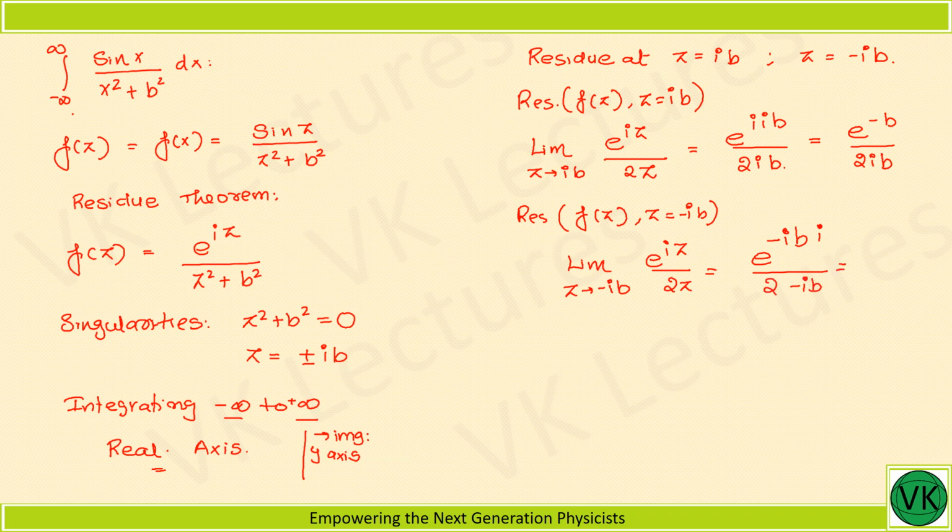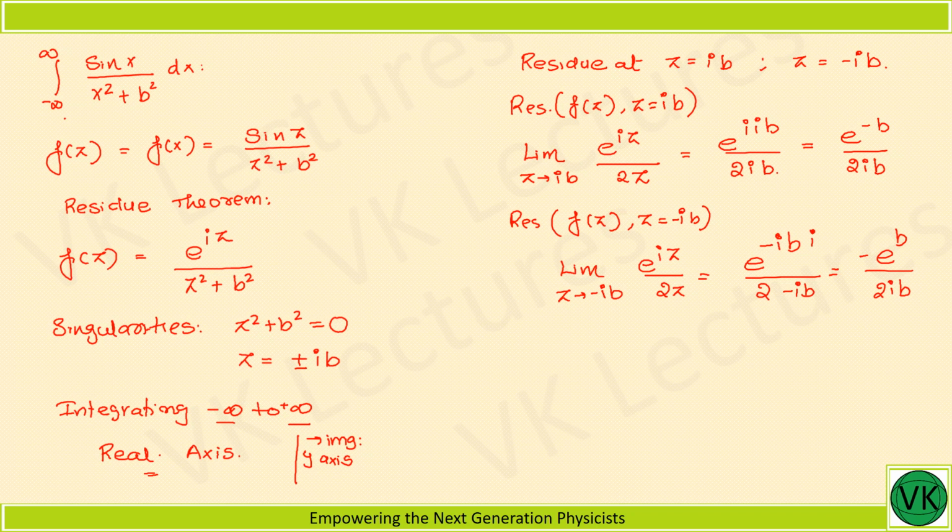So this gives us e to the power b divided by 2ib with a minus sign.